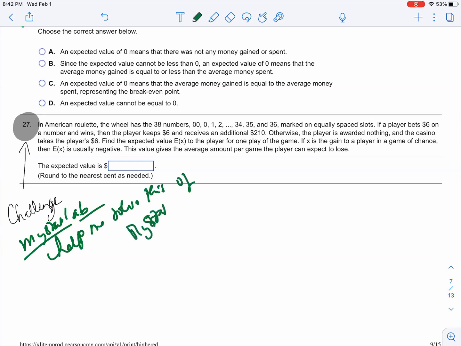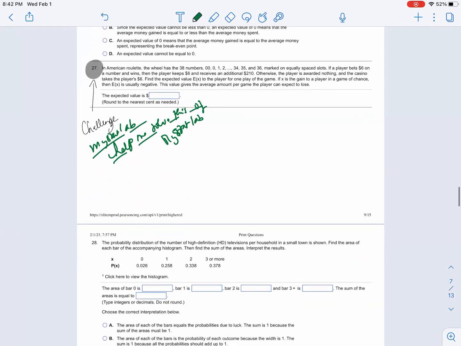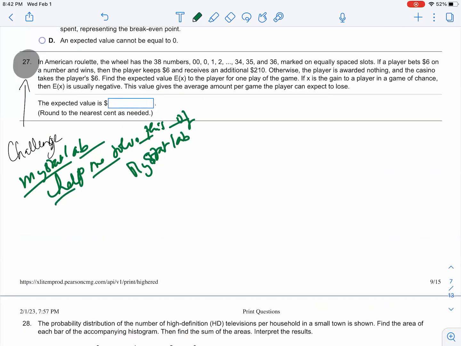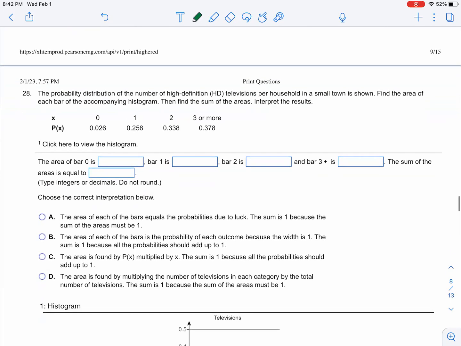It's a button right down below. Help Me Solve This, and it will help you solve this problem. It's all about expected values. You can do it on your own. Remember, we are working on chapter 4 homework review.